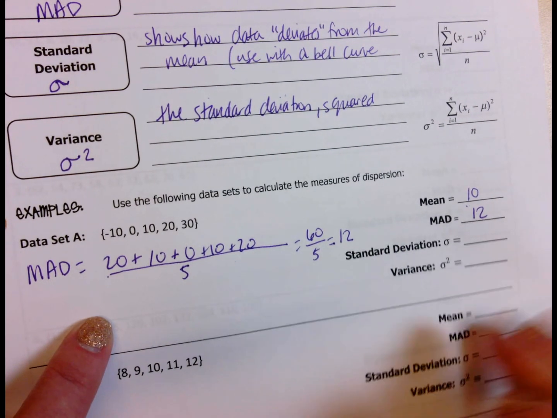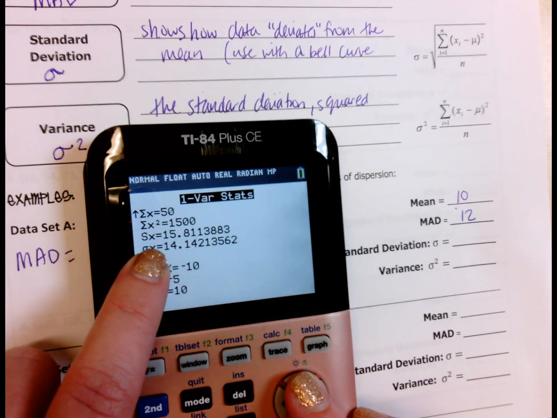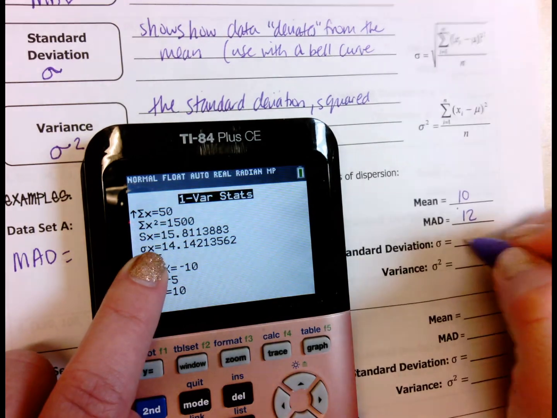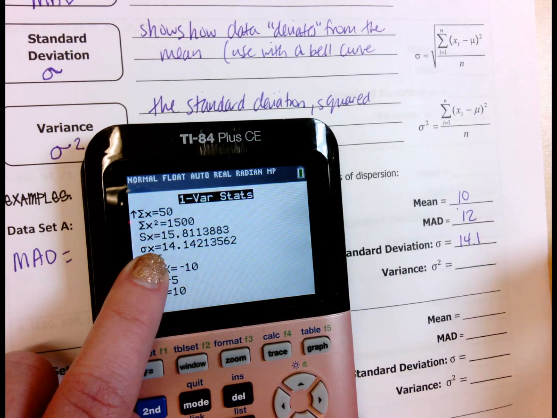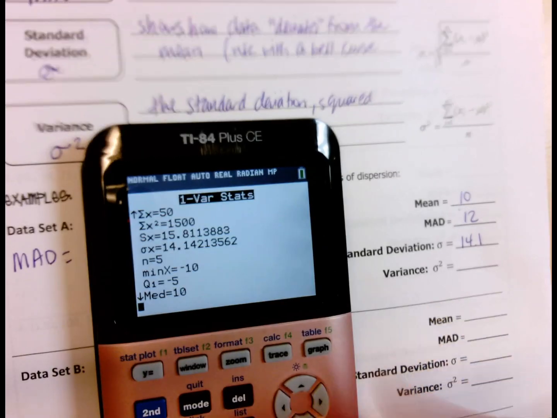Now for standard deviation, we go to the calculator and look for that little oddball looking symbol with the x, and that's our standard deviation, and it is 14 point some odd numbers. We're just going to use one decimal place here, so it's going to be 14.1. The variance is to take that and square it.